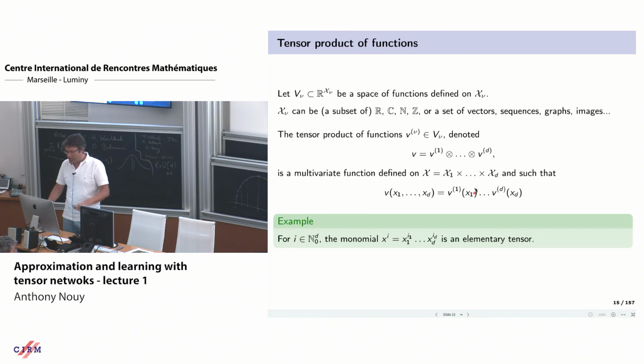So the definition of elementary tensor product is the same. Here you have a very simple example, a monomial, x to the power i with a tuple of integers, defined like this, and it is an example of an elementary tensor, since it's a product of univariate functions.